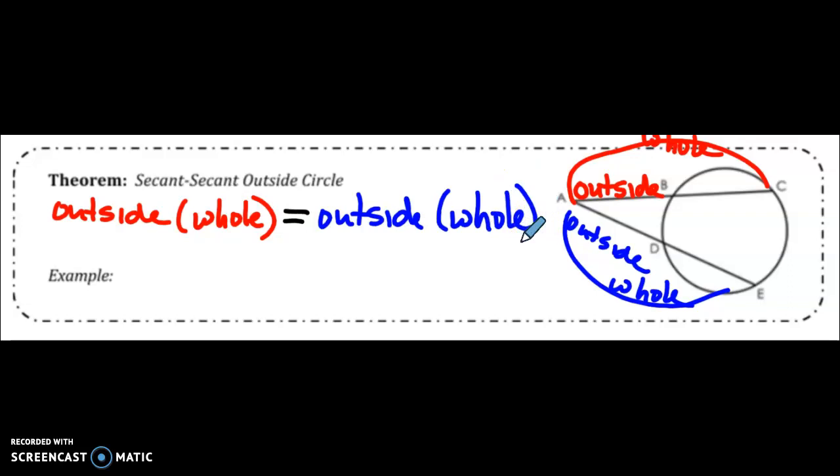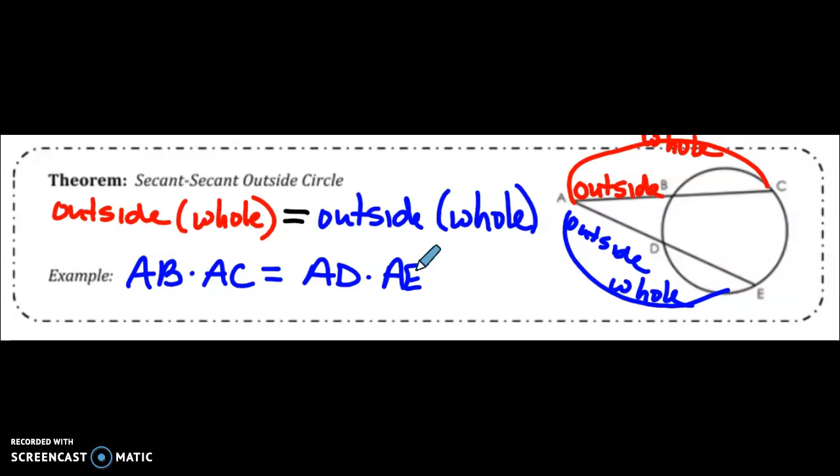So if we were to use letters, that would be AB times AC will equal AD times AE. So that's one of the big ideas of the day.